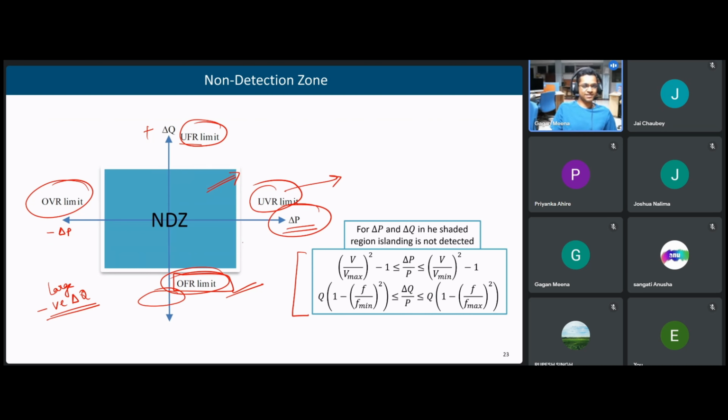So these are the two equations which govern this. These two equations determine this non-detection zone.